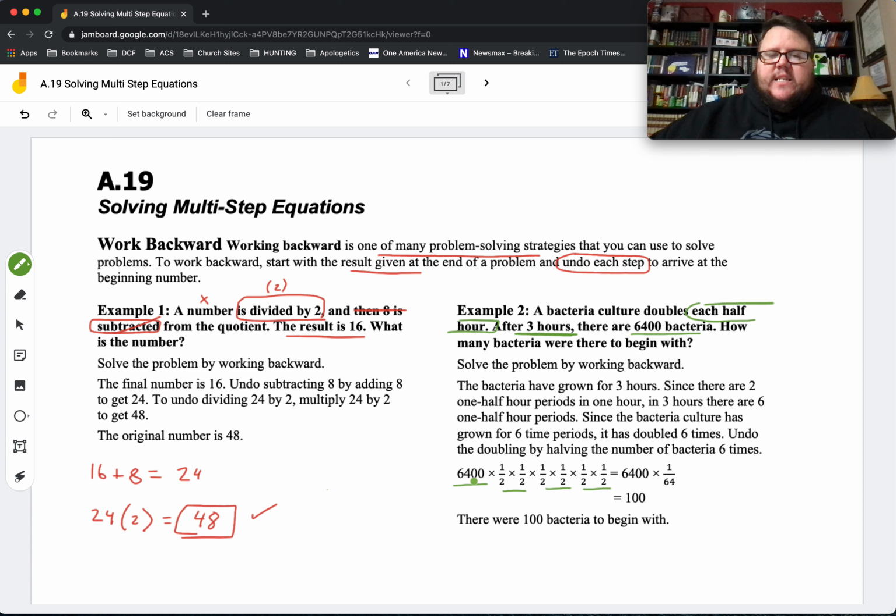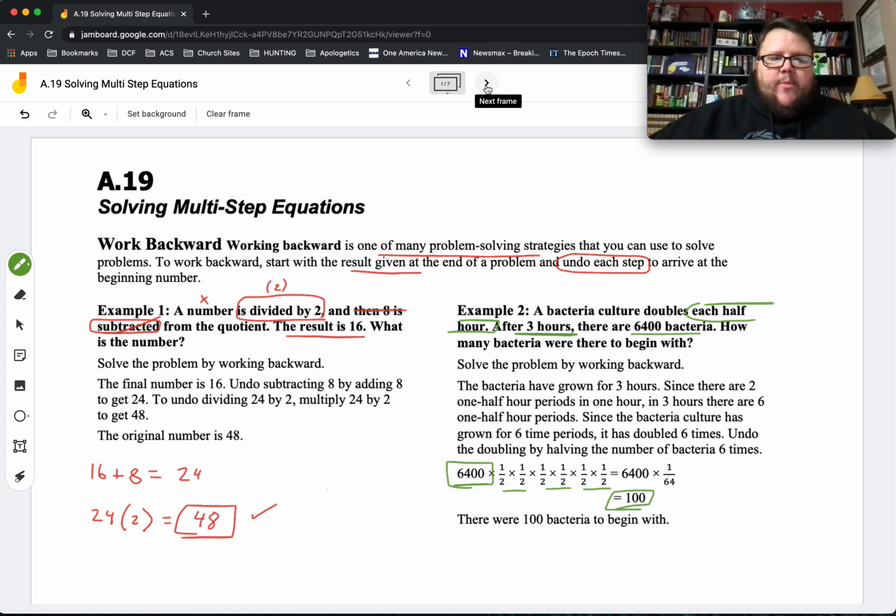So we get 6,400 times 1/2, and then times 1/2 again and again. That's 2 to the 6th power, which is 64, so 1 over 64. Either way you do that in your calculator, you will get 100. The point was, our result was 6,400 bacteria, and we halved that 6 times because there are 6 half hours in 3 full hours.